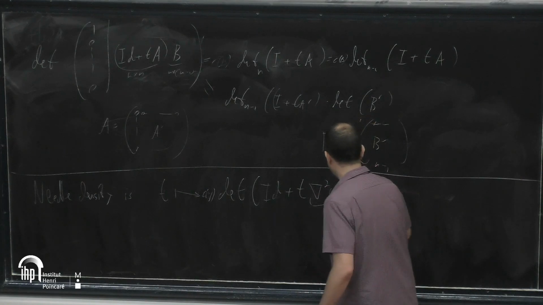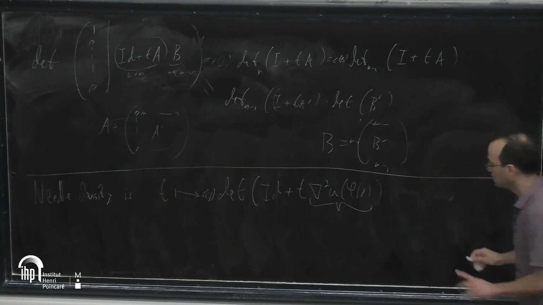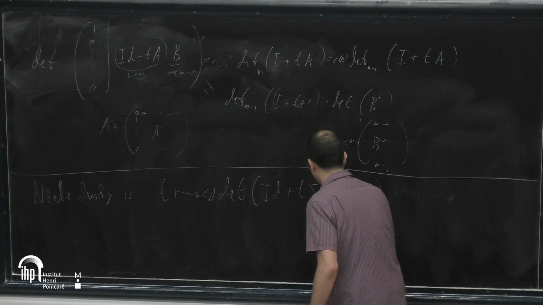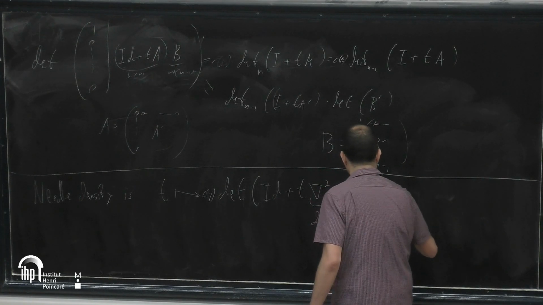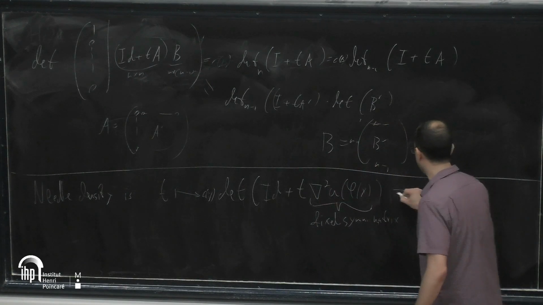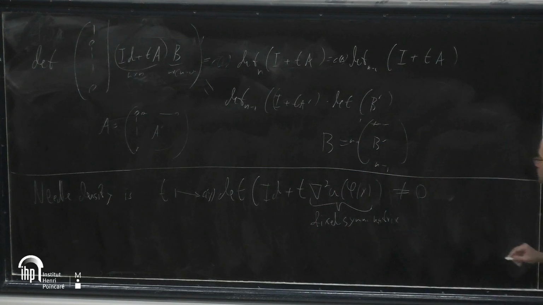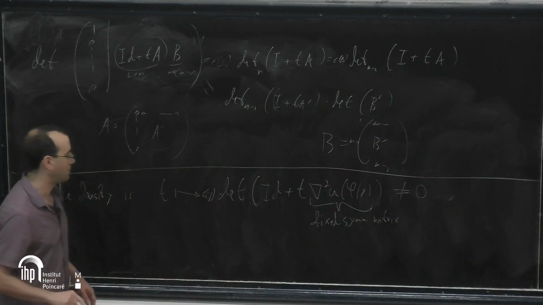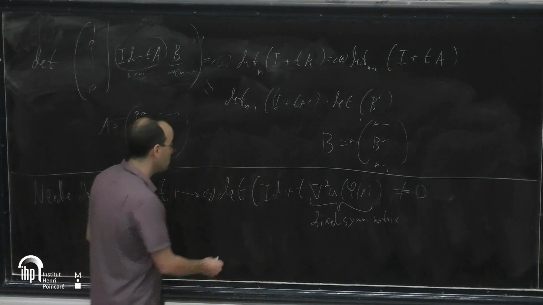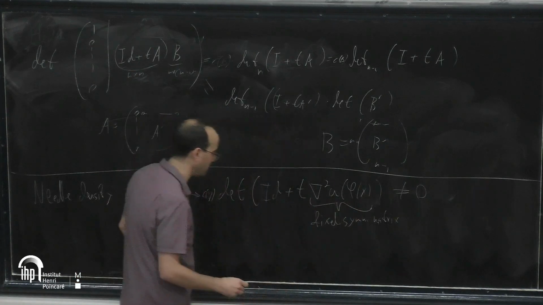As a function of t, this is a fixed symmetric matrix. And we know that the density does not vanish, that's important. The claim is that such a function is always log-concave. So this is the characteristic polynomial of a symmetric matrix.